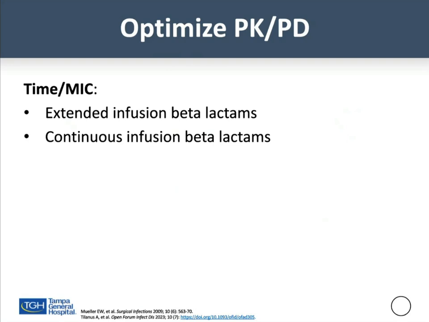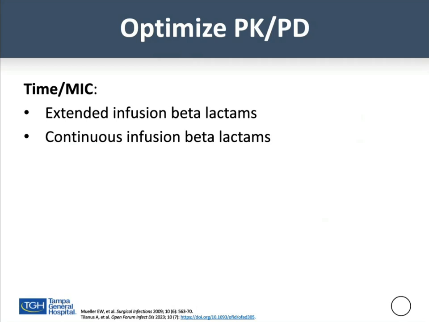So now let's talk about these three different classes and how we can be optimizing the drug dosing based on if they're time, concentration, or exposure-driven drugs. For our time over MIC drugs, our beta-lactams, there's different administration strategies to optimize the PK/PD of those drugs.